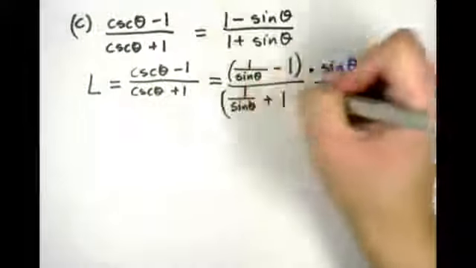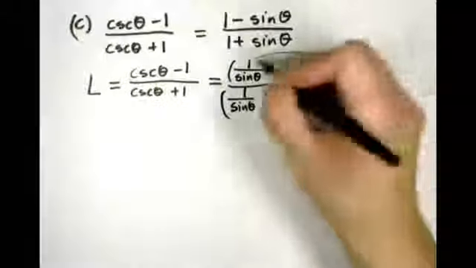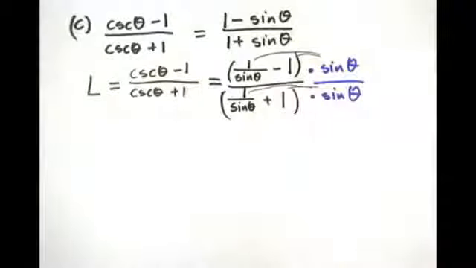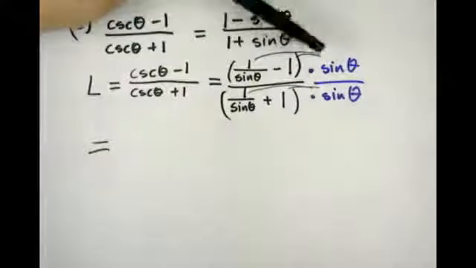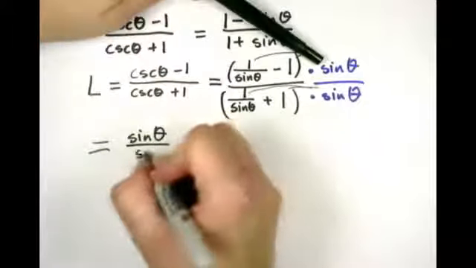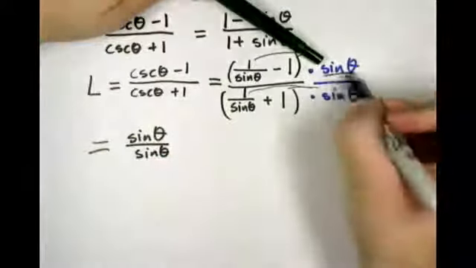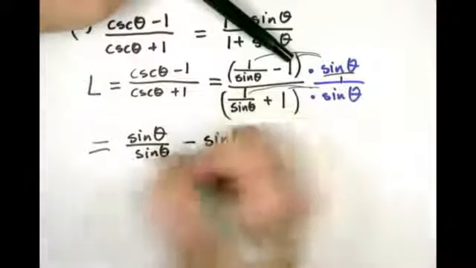So if I want to do this, I need to distribute that sine theta. First, 1 over sine theta times sine theta is going to be sine theta over sine theta, because this is like over 1. Top times top, bottom times bottom. And then I have minus 1 times sine theta, which is just sine theta.